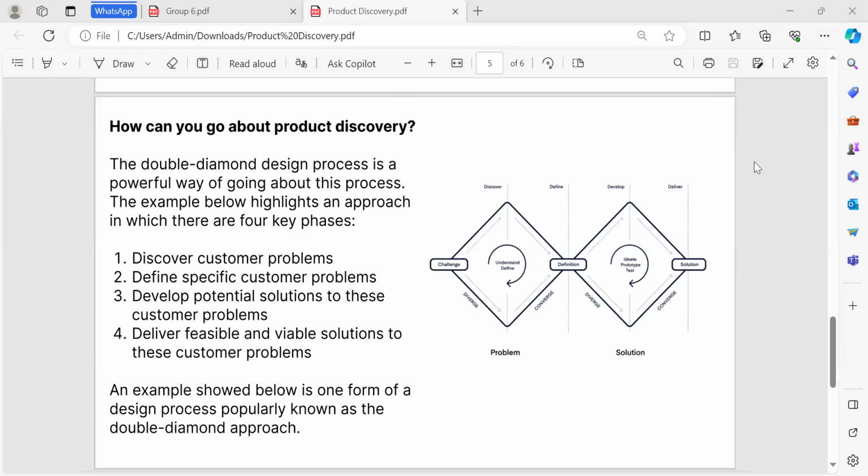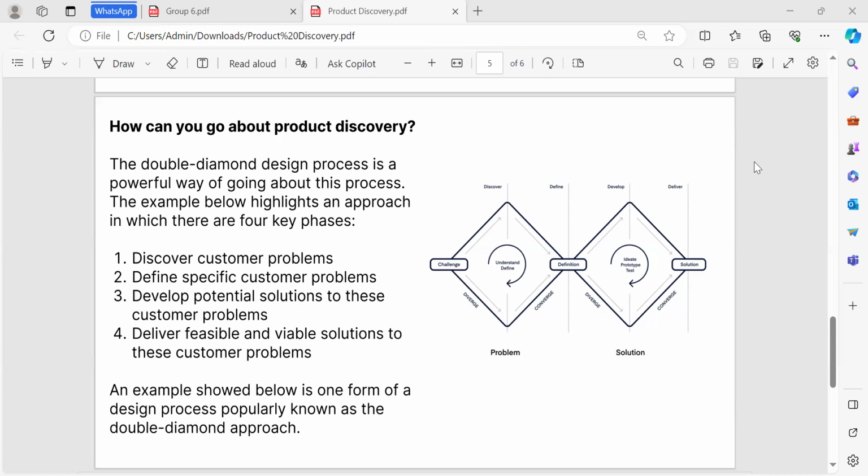So out of the customer problems, you need to define specific customer problems based on, as I already mentioned, you need to prioritize which customers you are going to solve for. The third point is develop potential solutions to these customer problems. So for each pain point, you need to develop multiple solutions. And the last point is deliver feasible and viable solutions to these customer problems.